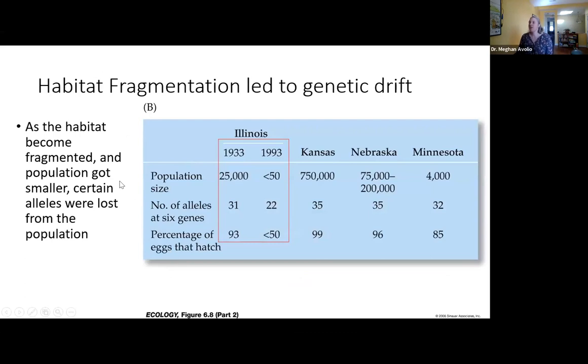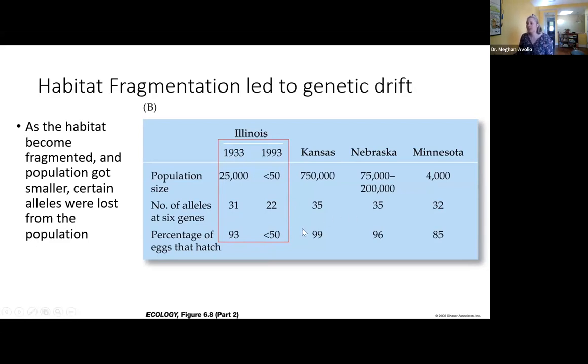And they compared the number of alleles at genes in the 1930s to the 1990s. And they found that in the really fragmented Illinois, where so much habitat was lost and where the populations are so much smaller, at 6 genes, where there used to be 31 alleles, there are now only 22 alleles. So we saw a drastic loss in genetic diversity.